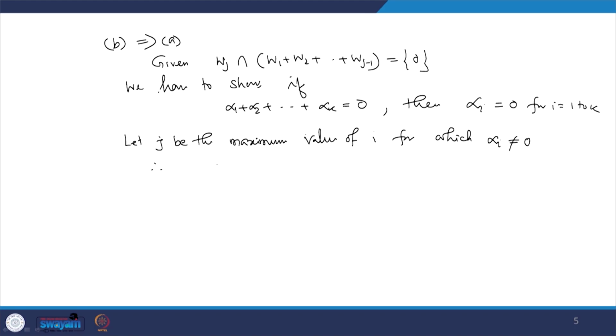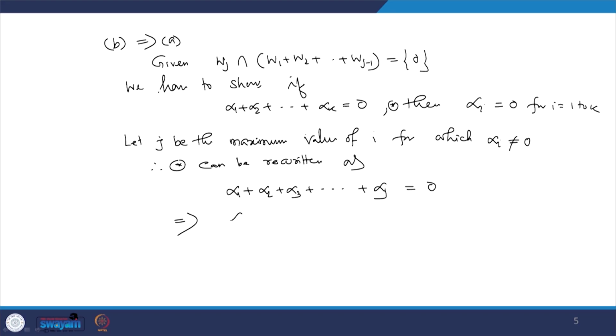So, the expression star can be written as alpha 1 plus alpha 2 plus alpha 3 plus ... alpha j equal to 0. So, this implies alpha j equals minus 1 into alpha 1 plus minus 1 into alpha 2 plus ... minus 1 into alpha j minus 1.